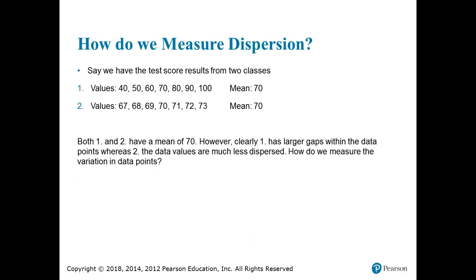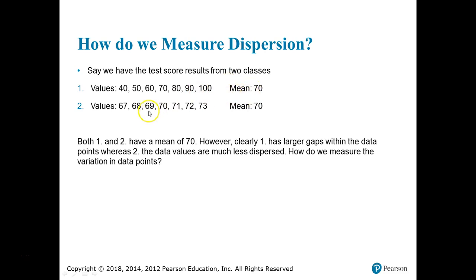Okay, so the next concept is a question. How do we measure dispersion? Let's say that we have the test score results from two classes. In class 1, there was a 40, a 50, a 60, a 70, an 80, a 90, and a 100. So the class mean was 70.